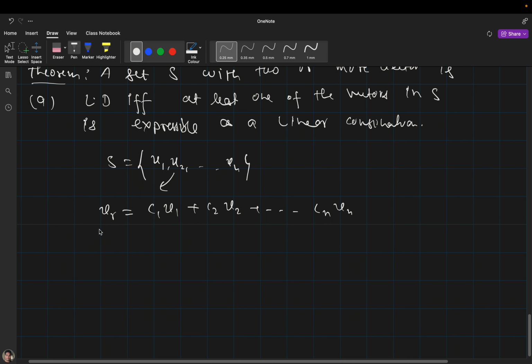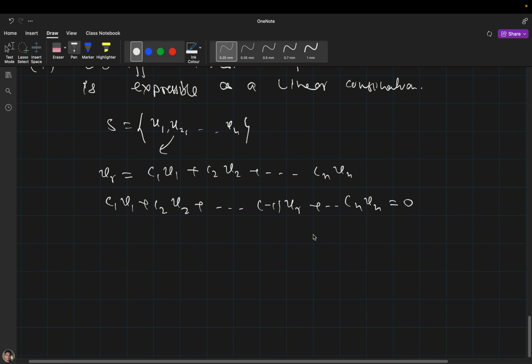Now rearrange it. You will get c1 v1 plus c2 v2 plus, in between, one number, that is minus 1 times vr, plus cn vn equal to 0.